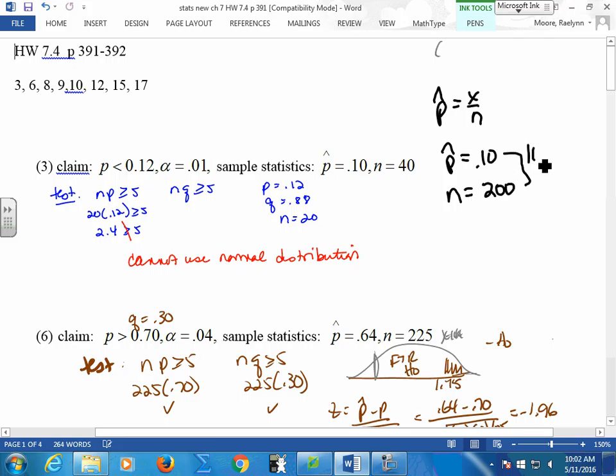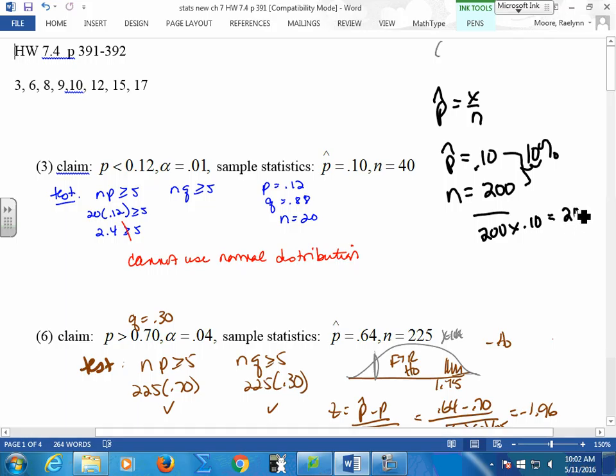If they told me that my p-hat is 10% with a percent sign, I have to move my decimal over before I can multiply this. This is what I'm going to have to put in my x for my calculator. So this is my 20 people here.